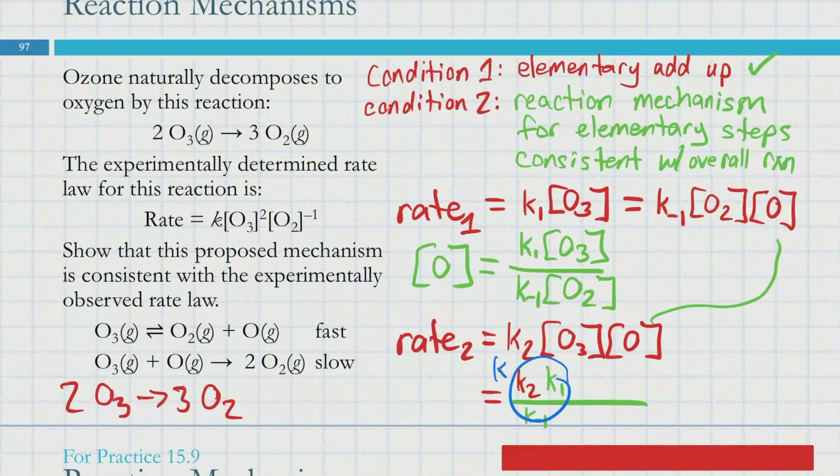And we also have O3 in green, O3 in red, and on the bottom, O2 in green. Of course, the color doesn't matter. It's just to show you where they came from. So the two O3s on the top, concentration of O3 squared.